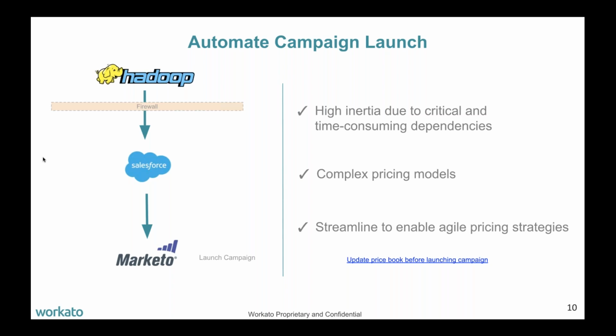So the customers would have to bring together multiple applications, right? Like Hadoop for processing and coming up with a prediction of the most compelling price point, and linking that with your sales platform like Salesforce to upload the price book entry, to keep your sales team up to date.